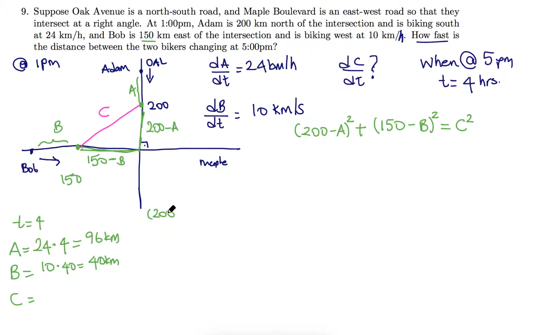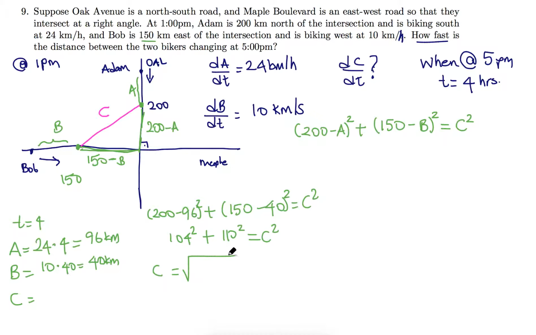So (200 minus 96) squared plus (150 minus 40) squared equals C squared. So that's 104 squared plus 110 squared equals C squared. So we get C equals the square root of 22,916, which is approximately 151.38 kilometers.